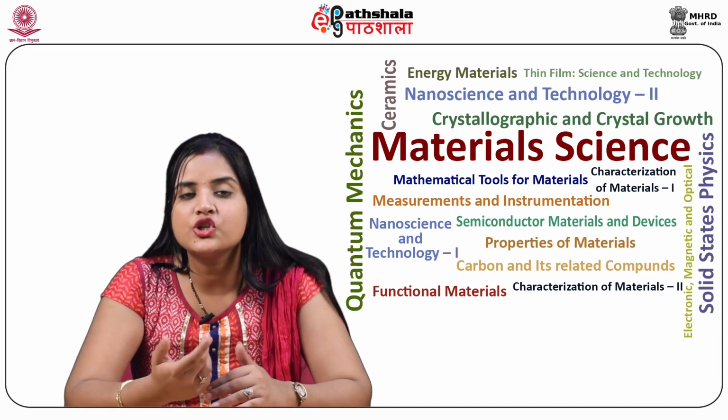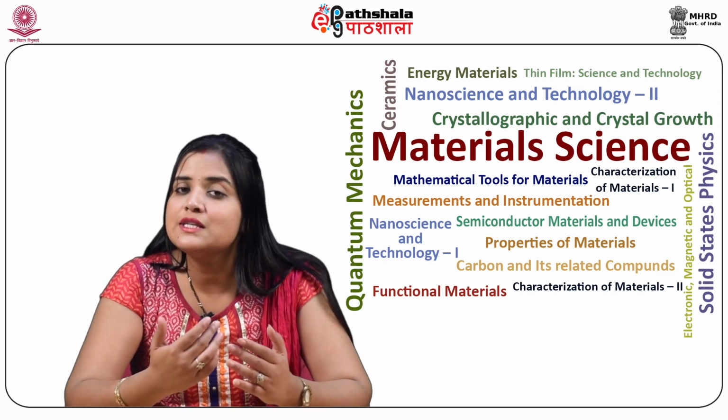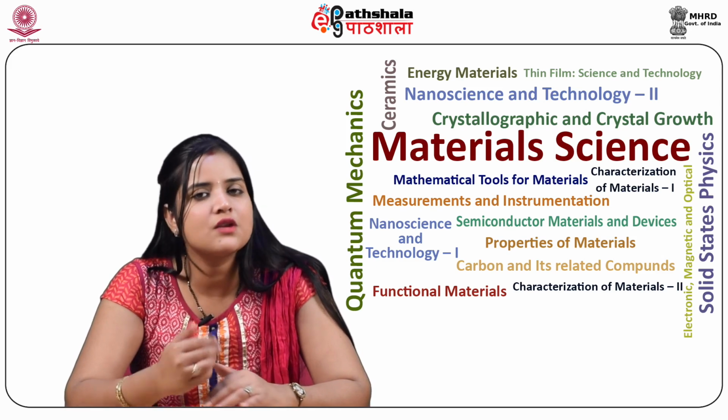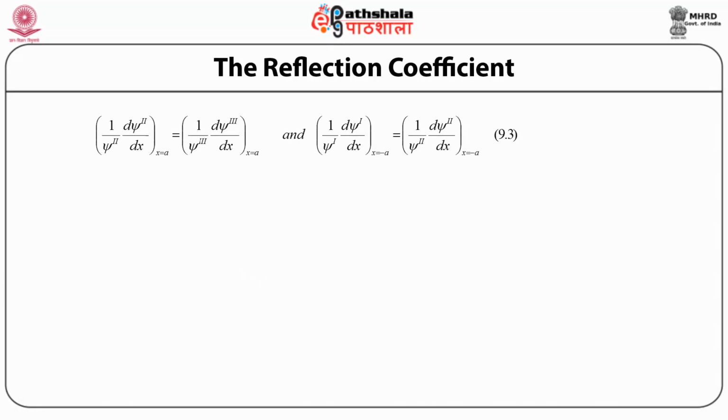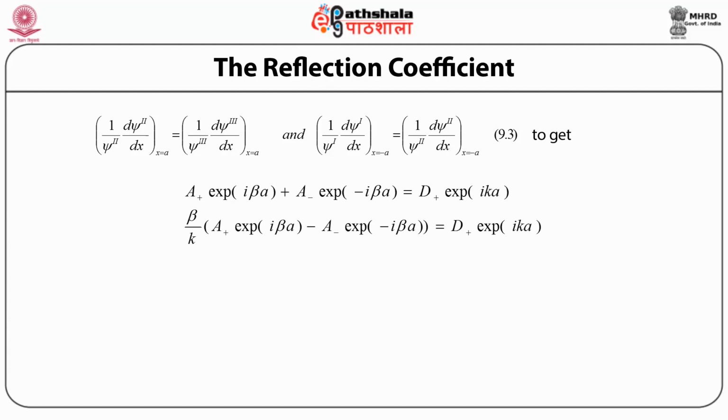We first determine the ratio a minus divided by a plus and c plus divided by c minus by solving successively the equations 1 by psi in region 2 into d psi 2 by dx at x equal to a equal to 1 by psi in region 3 into d psi 3 by dx at x equal to a, and 1 by psi in region 1 into d psi 1 by dx at x equal to minus a equal to 1 by psi 2 into d psi 2 by dx at x equal to minus a, to get a plus into exponent iota beta a plus a minus into exponent minus iota beta a is equal to d plus into exponent iota k a.